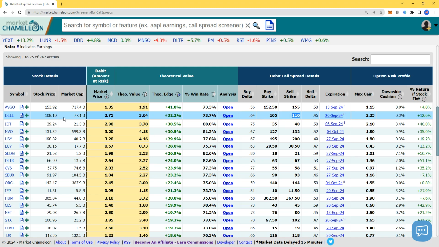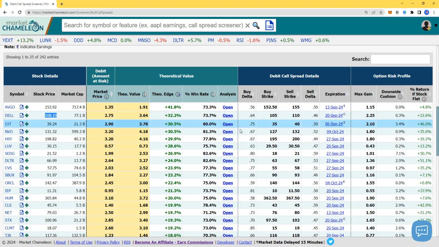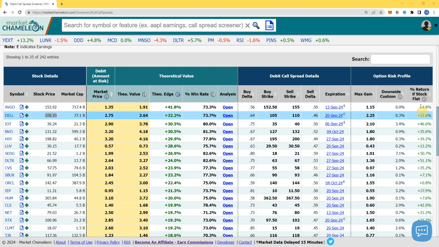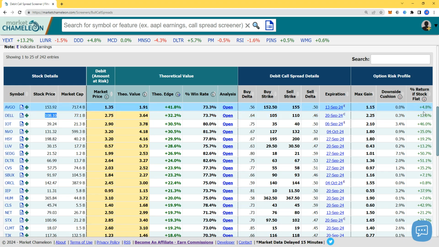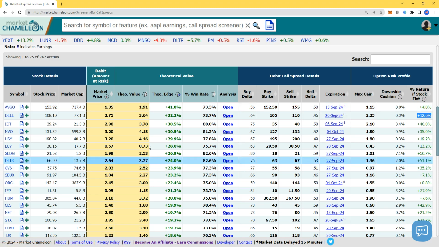So your goal is for Dell to go a little over from 108 to 110 for a max profit. Now, if the stock doesn't go anywhere, return if stock is flat, you still make 12%. Your max gain is 225, but you're not getting that unless Dell goes up. But if Dell stays at 108, you still make 12% on your money, which is another thing to consider.